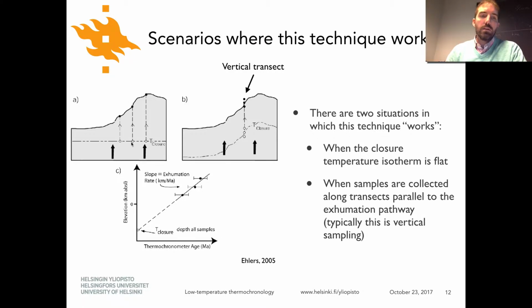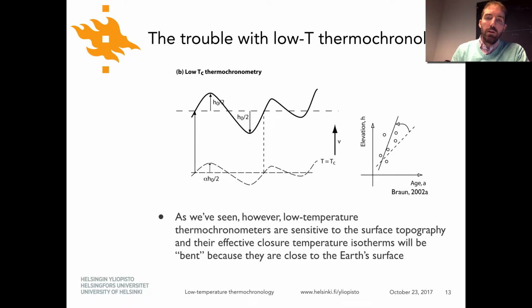And the other thing is, here it's a bit challenging to know whether the closure temperature isotherm would be horizontal. So more often than not, this is what we have, and that is for low temperature thermochronometers in particular, we have some topography and some closure temperature isotherm that is also bent to look like that topography. Here, the slope of this line is not going to give you the exhumation rate.